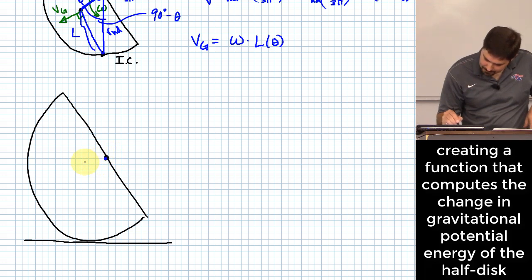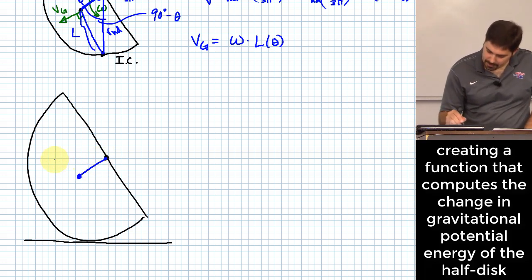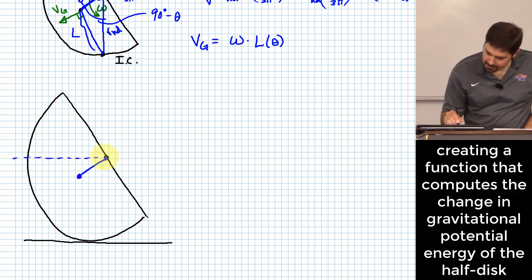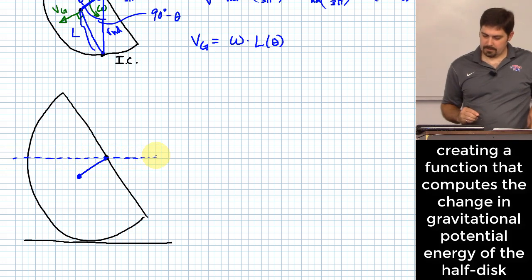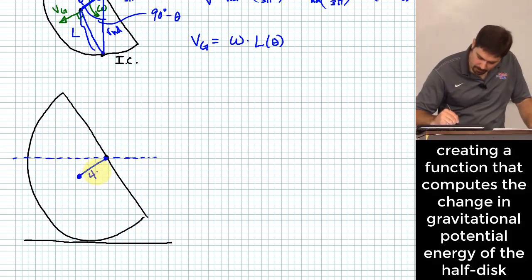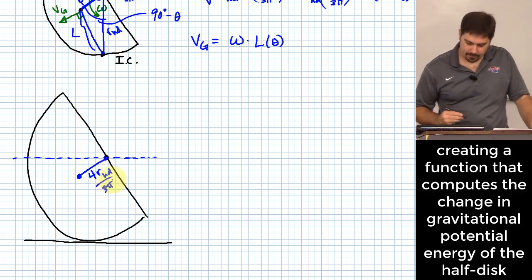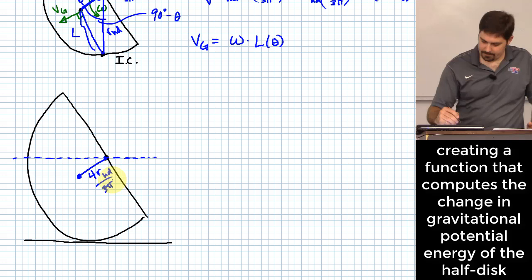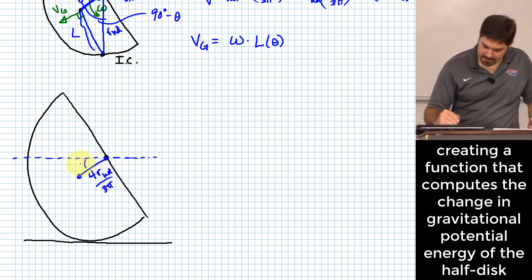Now, how far it is below this level right here is based on this radius value, which is 4R over 3 pi times what? Does it relate with this theta right here?